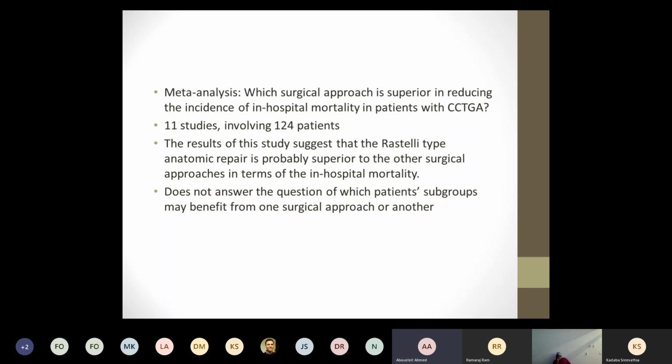12%. The explanation that they gave is that maybe the Rastelli type has a technical advantage. When you do the ventriculotomy, you can directly visualize the VSD and you can avoid the conduction tissue, so that minimizes the heart block issues and the conduction problems after.